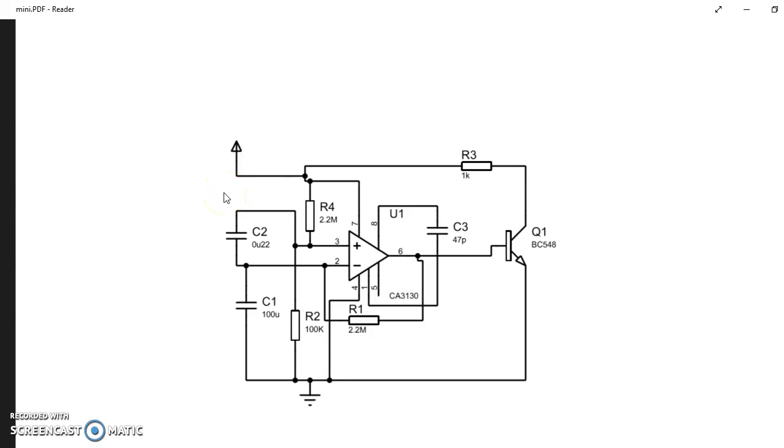So, this is a cell phone detector circuit. It is the mini project made by group of A3, roll numbers 49.